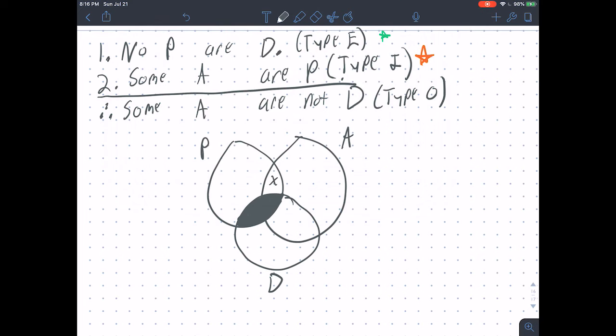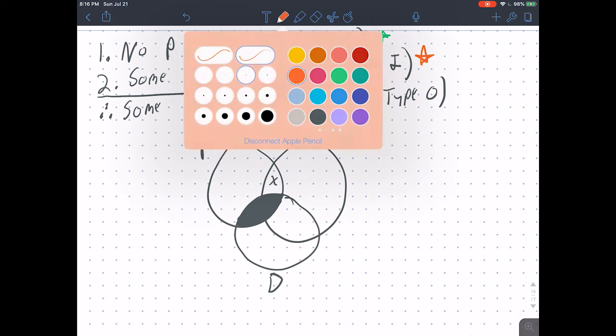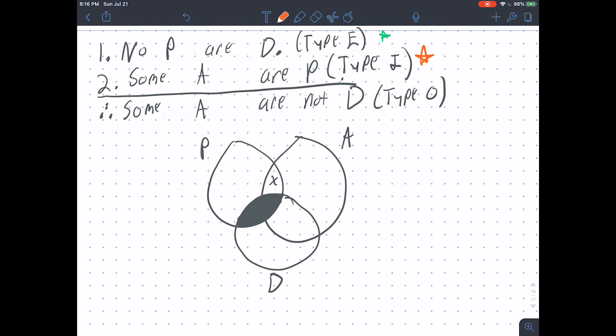And then let's look at our conclusion: some A are not D. So our syllogism is valid if there is an X somewhere in the A circle that doesn't overlap with the D circle. And wouldn't you know it, there is, right here. That little x is not inside of the D circle. So this is, again, a valid syllogism.